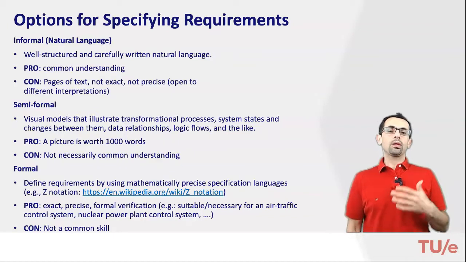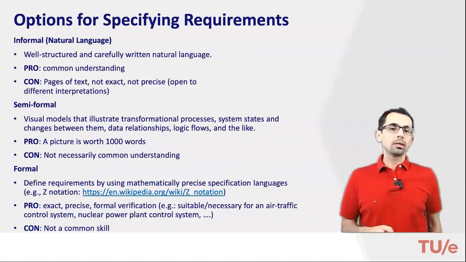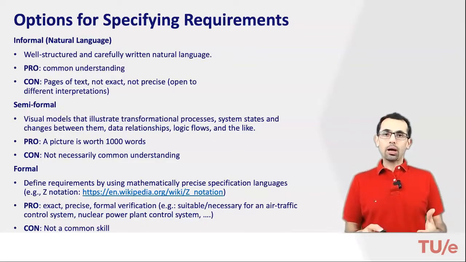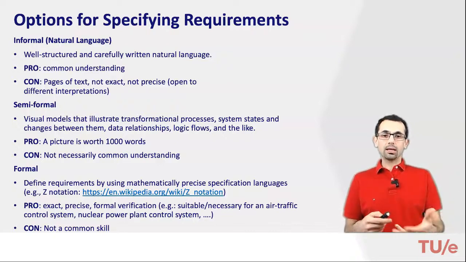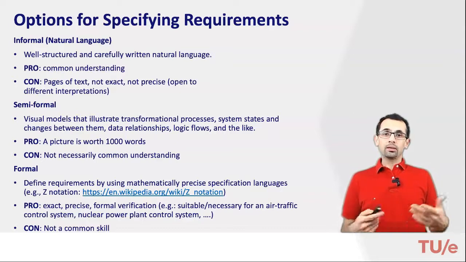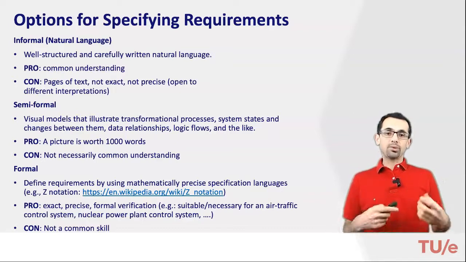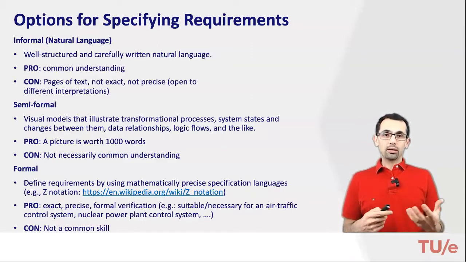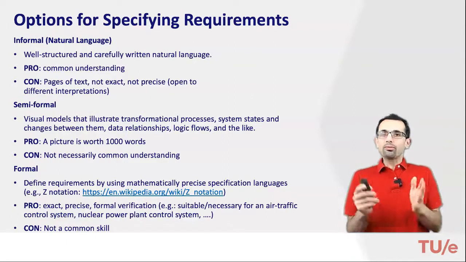Formal. There are also formal ways, like mathematically precise ways to specify requirements, and one of the examples is the Z language. There's a link, please check that one. The advantage is obviously that it is exact, precise, and formal verification is possible. You have to be very precise.